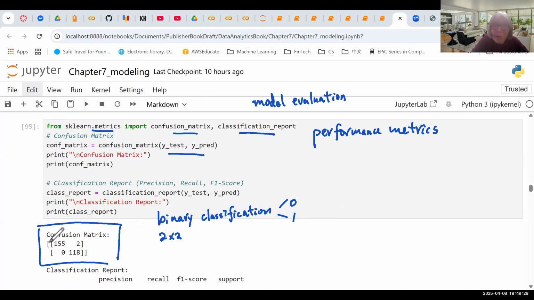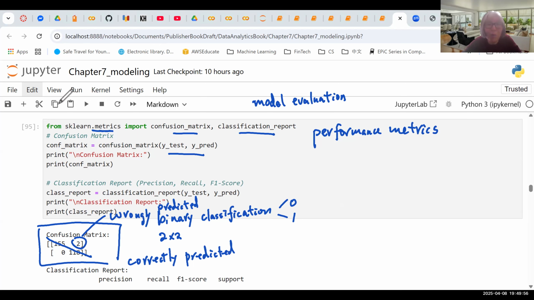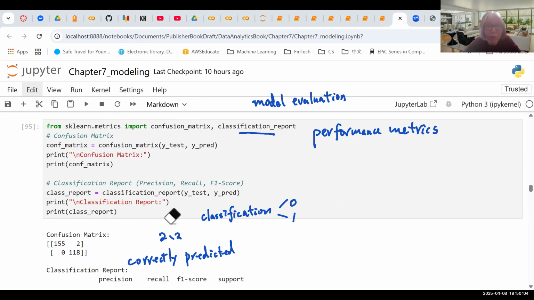The diagonal is correctly predicted, and the non-diagonal entries are wrongly predicted. You can see the number is not that high, just 2 wrongly predicted. So this is a confusion matrix. And then the classification report.